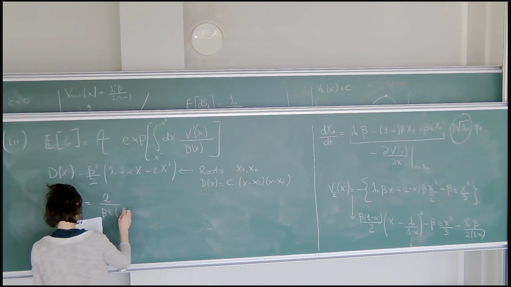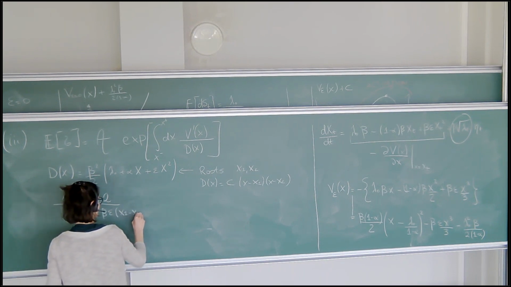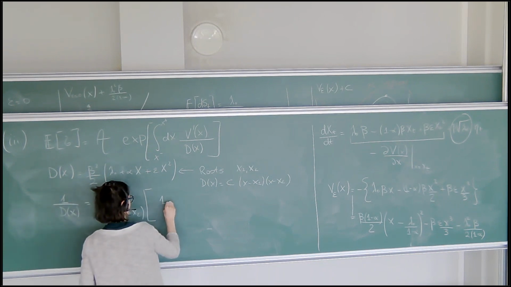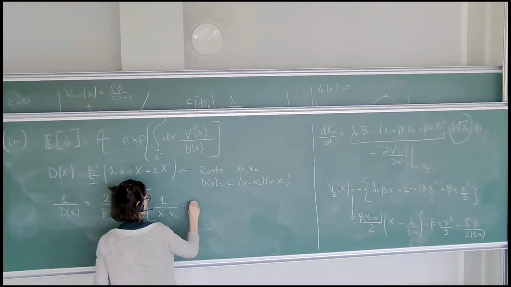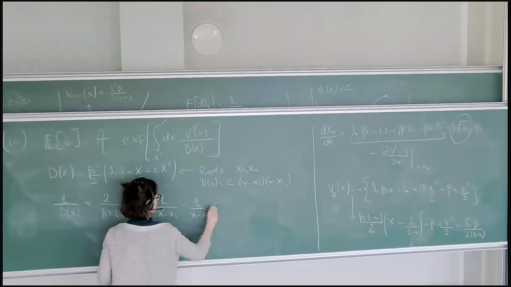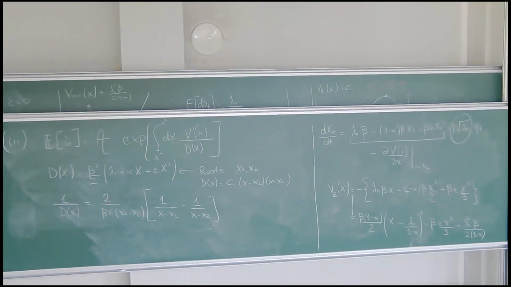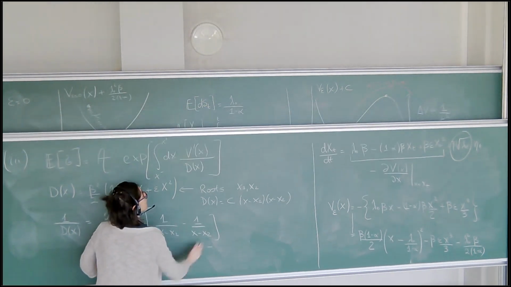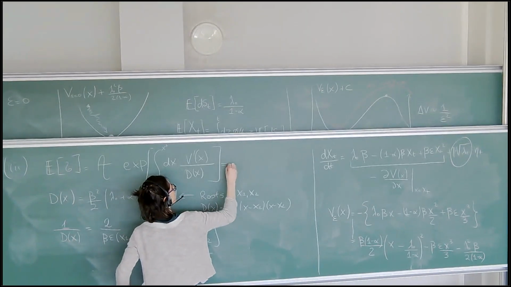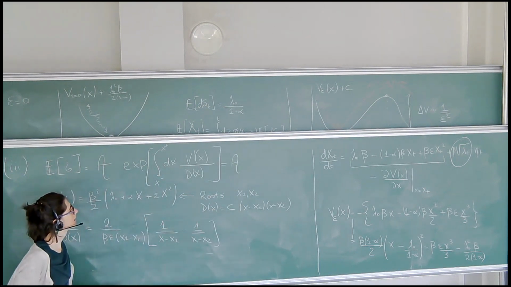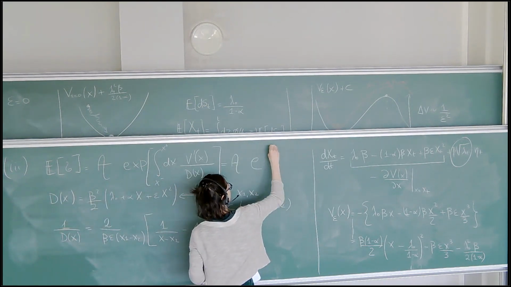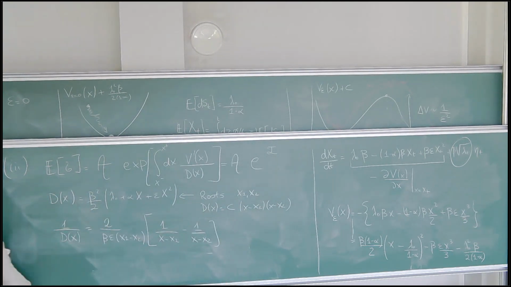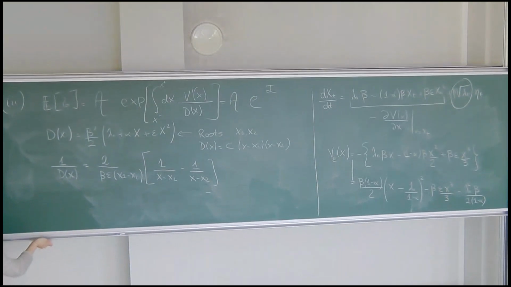You will find that you will have an expression like this. You have a prefactor, and then you have 1 over x minus x1 minus 1 over x minus x2. Okay. And this helps because now, let me call this integral at the exponent curly I. So this expression is the coefficient times the exponential of the integral.